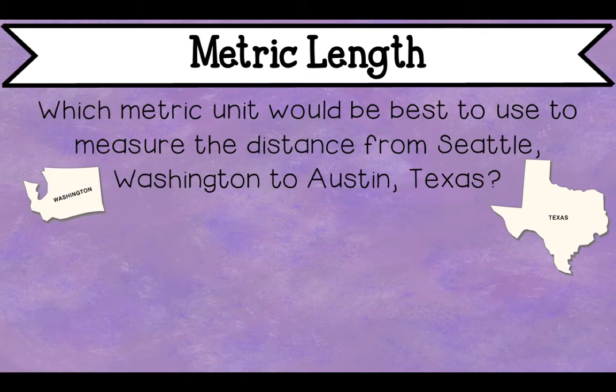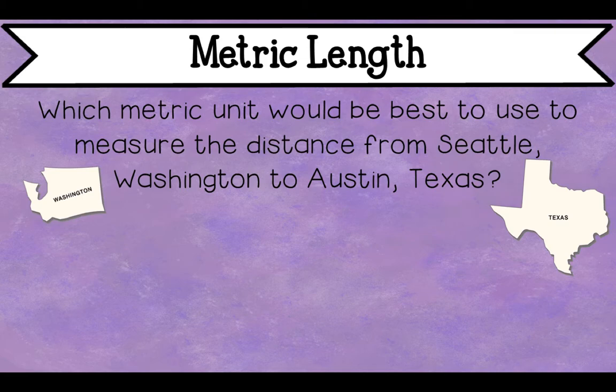Alright, let's think about measuring the distance from Seattle, Washington to Austin, Texas. So Seattle, Washington is the top left state, so all the way to the west of the United States, and the top of the United States is where Washington is located. And Texas is about in the middle. It's the big state about in the middle of the United States, all the way at the bottom.